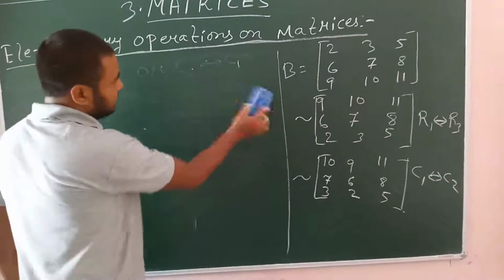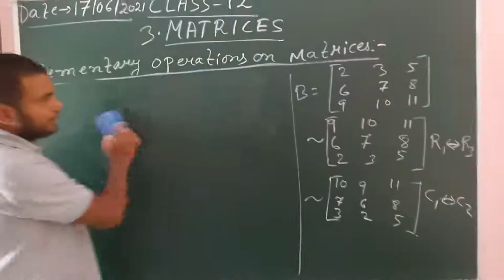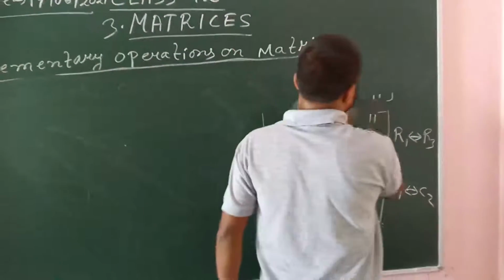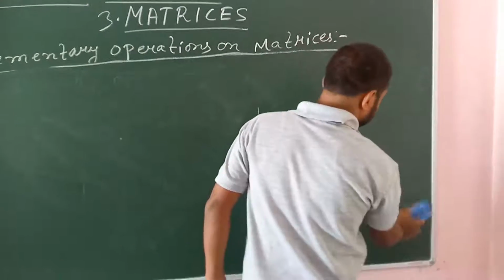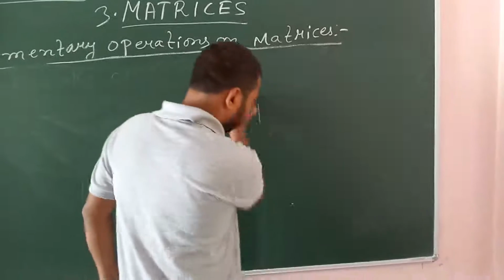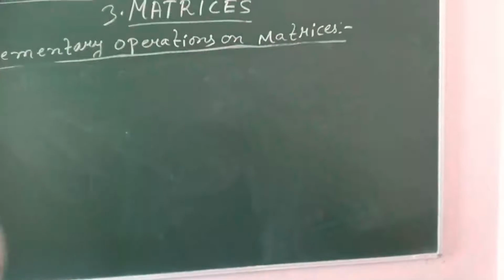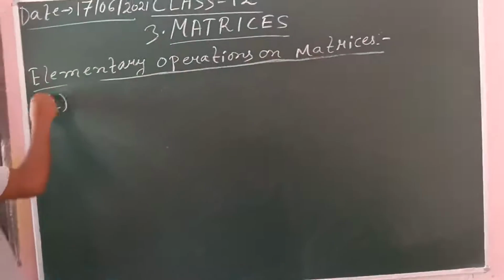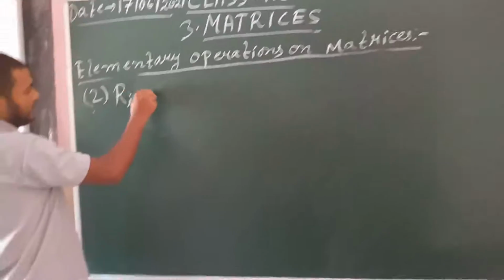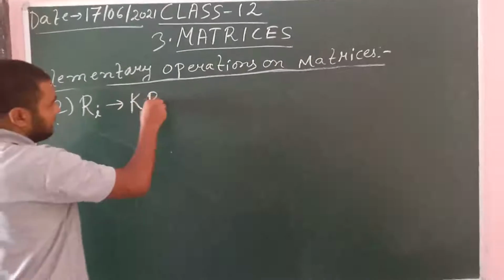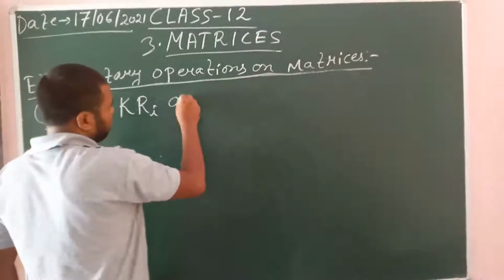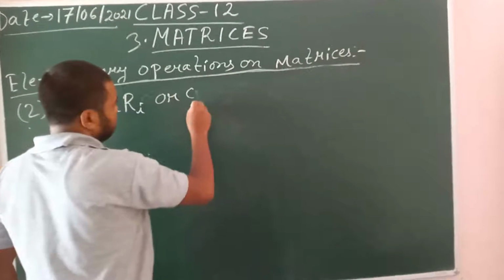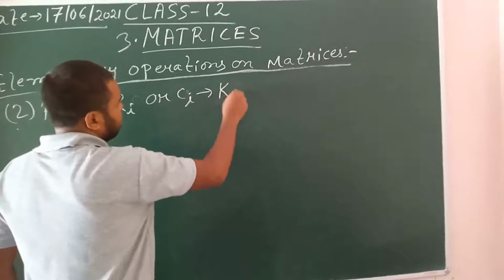Now we shall go to the second operation on matrices. Ri can be multiplied by k, that is k into Ri, or the ith column can be multiplied by k into column i.